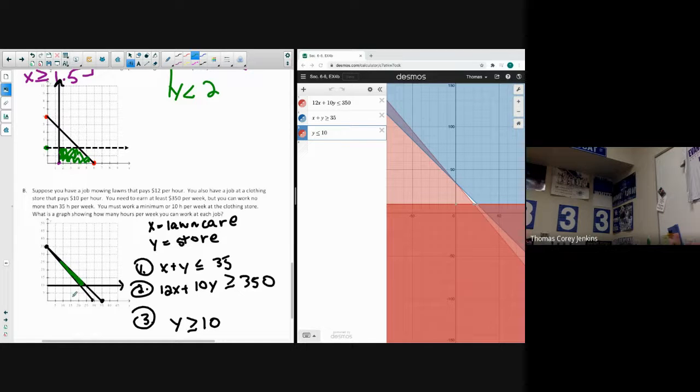Just as an example, 20 comma 12 is in there. So that would mean I can do 20 hours at lawn care, 12 at the store. That's basically what that graph tells you.